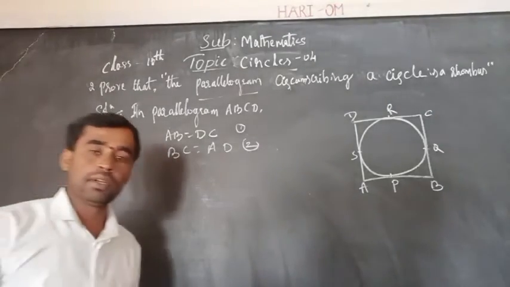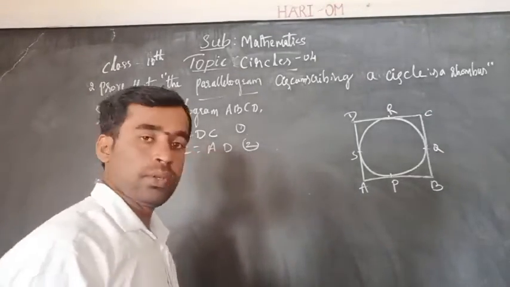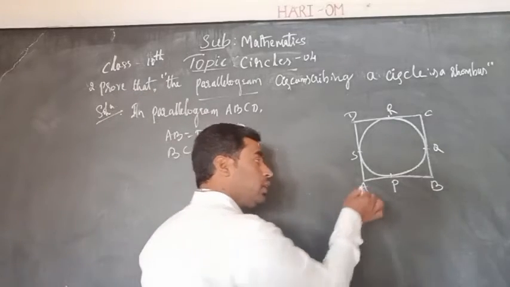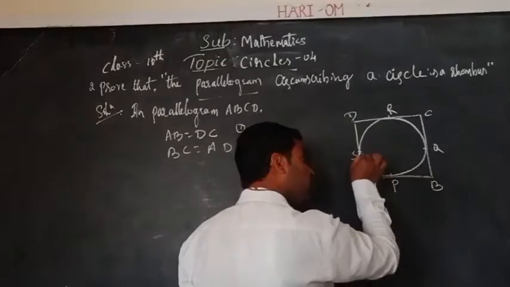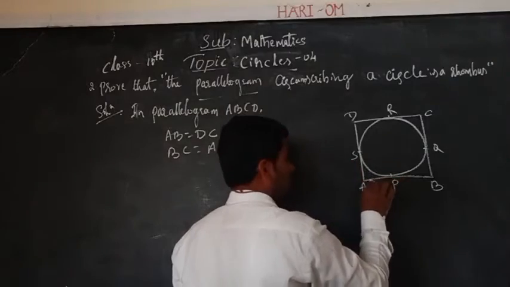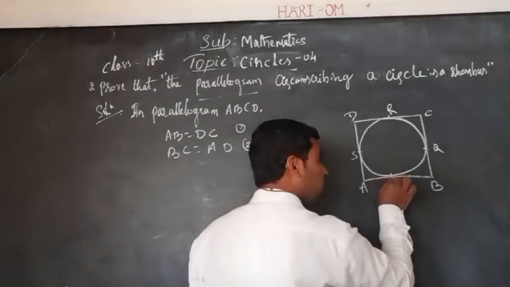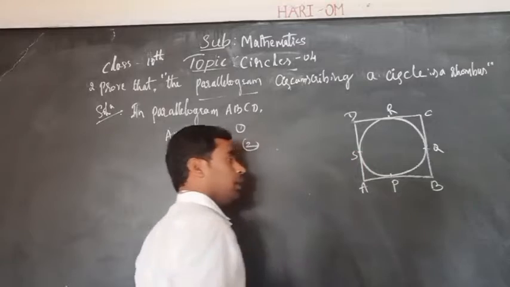Is it clear? Now, as we know, the tangents drawn from an external point to a circle are equal. So we can write the length AP is equal to AS.